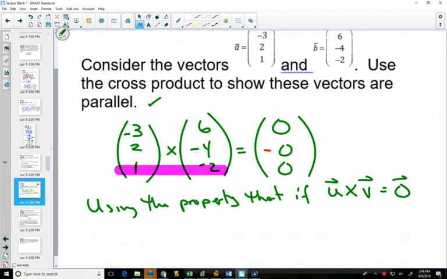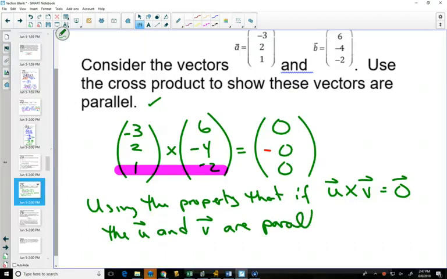Using the property that if u cross v is the zero vector, then they are parallel. See, that's why it's being bolded in the note. That one you can just write 0. The other one with the k, you'd actually show some work, right?